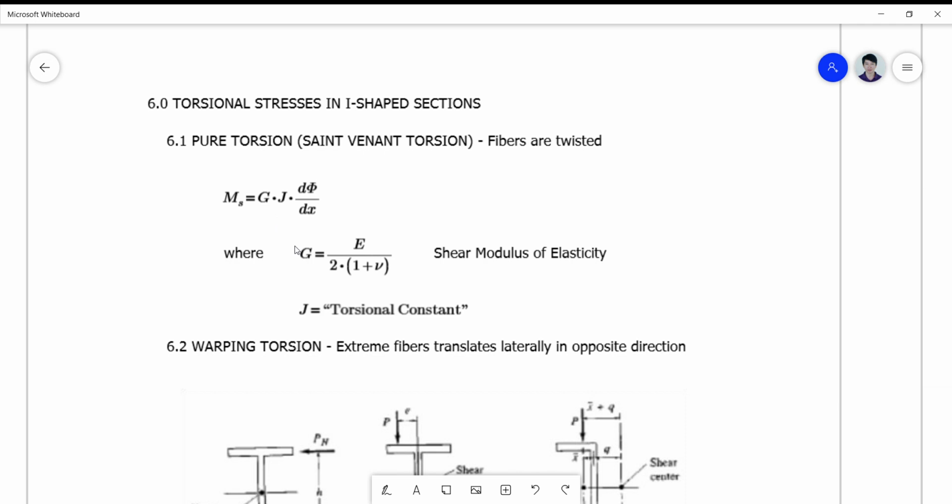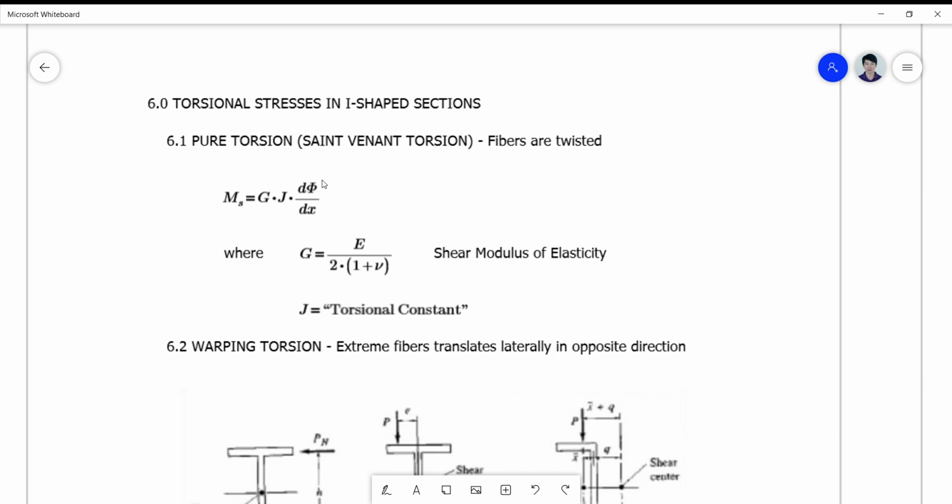So where theta is actually the rate of twist as defined in our lecture on torsion, can be represented by the derivative d phi over dx.